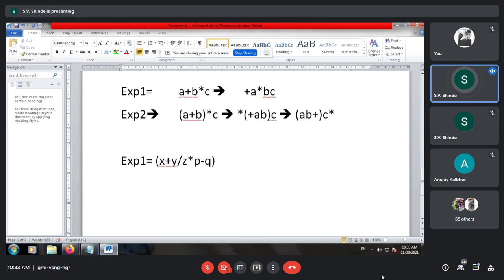Okay, so you try to convert it into prefix and postfix, and I have given you the infix expression. Your time starts now. Try it.